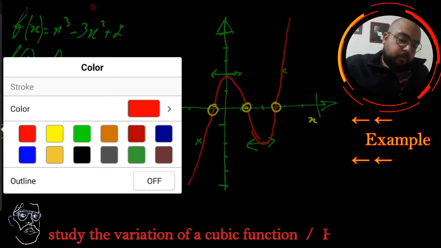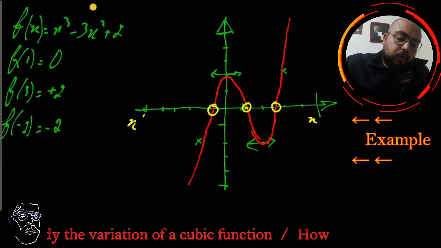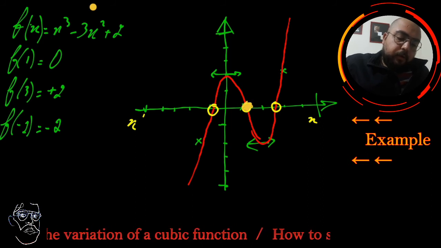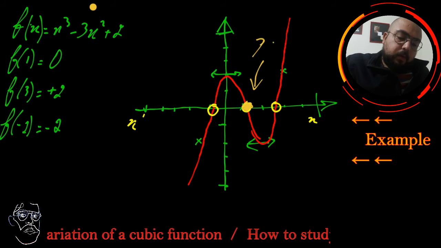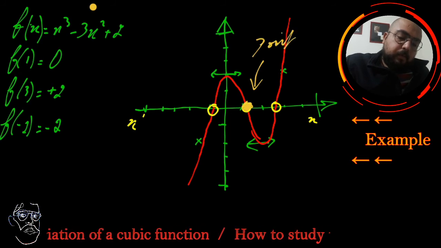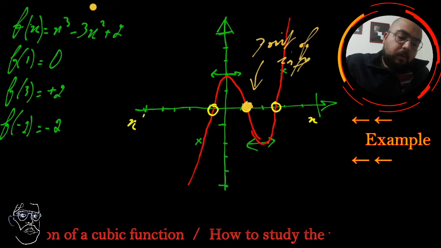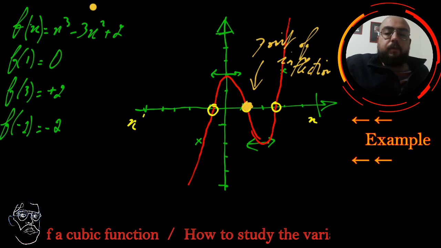So the center of symmetry, actually it's called also a point of inflection. This is a point of inflection. How are we supposed to calculate the point of inflection?